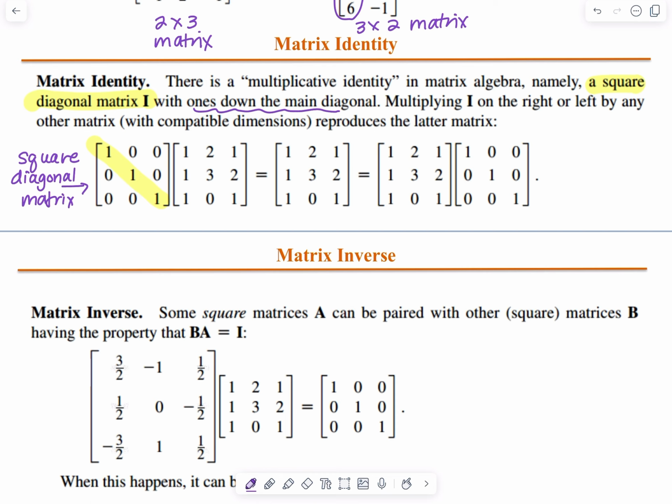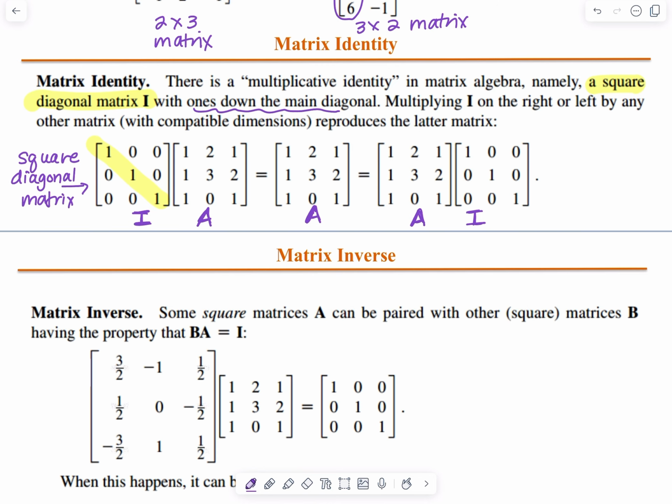So multiplying I on the right or left by any other matrix reproduces the previous matrix. So as you can see here, if you would call this matrix A and you multiplied I times matrix A, your result would be matrix A. And as you can see here, we have matrix A multiplied by the identity matrix. And again, we have that equal to matrix A.